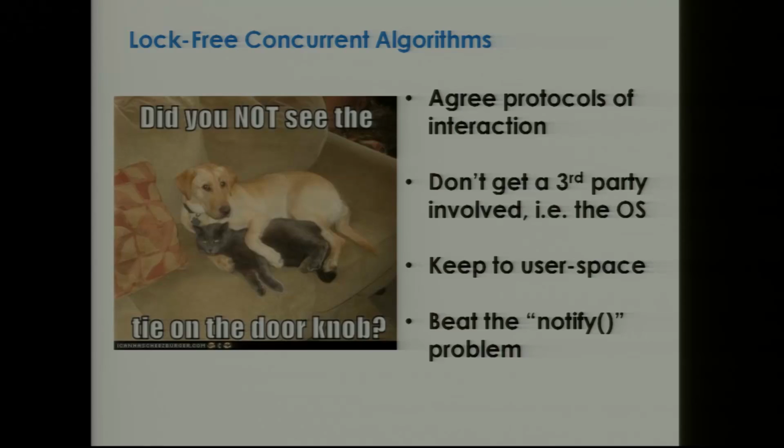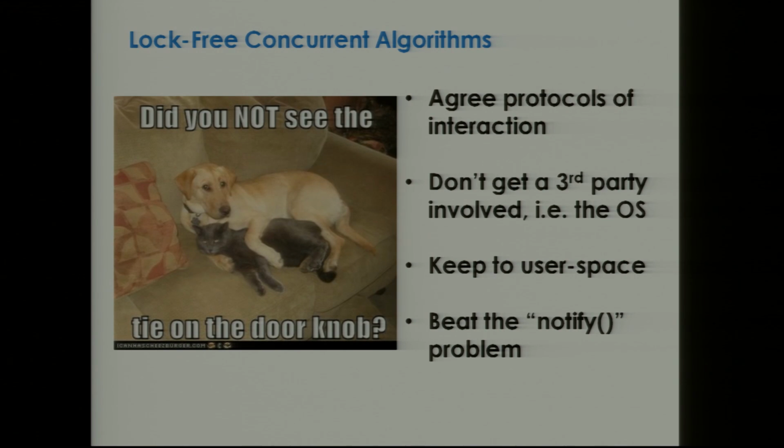And as we go async, start thinking about concurrent algorithms that are lock-free as a great way to not get the operating system involved. What you do is you agree protocols of interaction. Like anybody at university who used to share a room, if you had someone back to your room, you'd leave the tie on the door and that was your signal, don't come in here. You just leave signals for stuff and you can start having really interesting things with algorithms to make this happen.